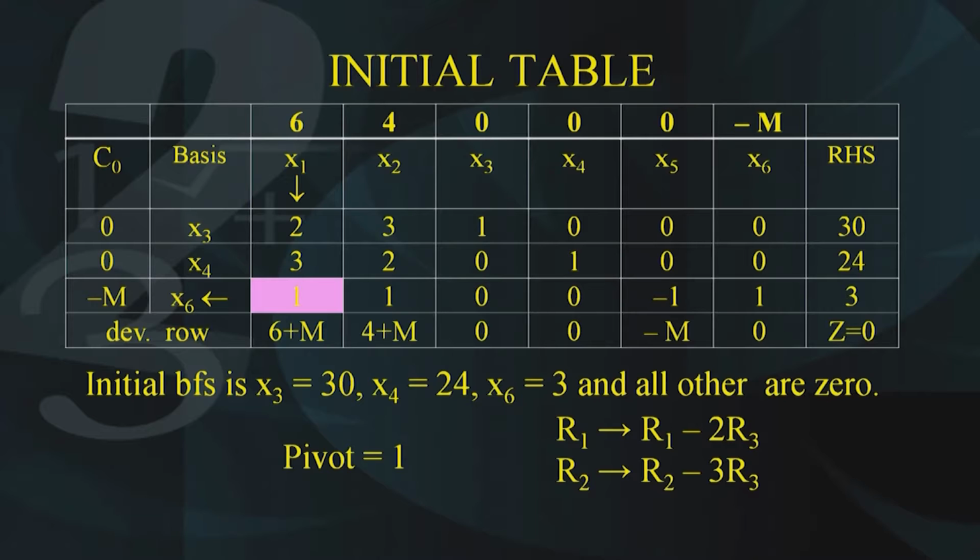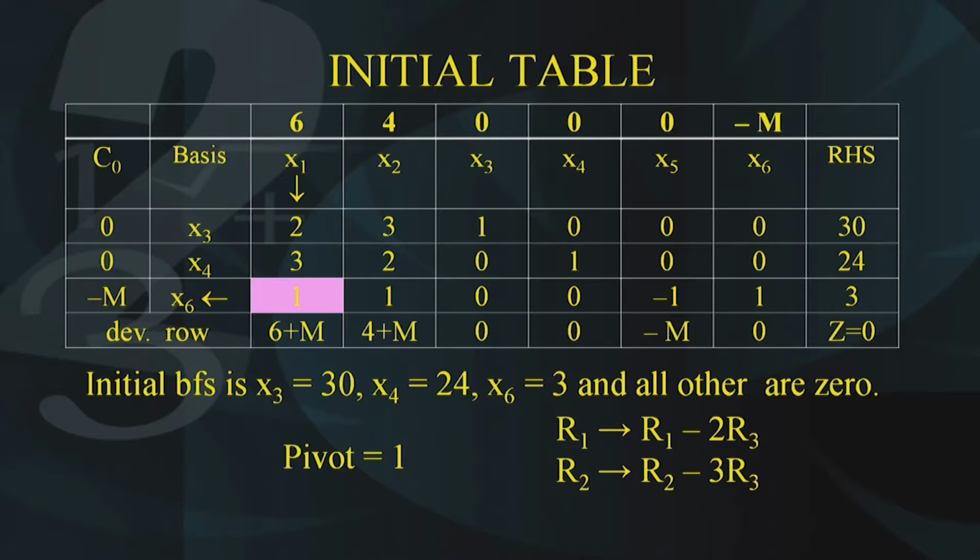So, as before, we will calculate the deviation row, and it is calculated like this: 6 minus (0, 0, minus M) multiplied by (2, 3, 1).